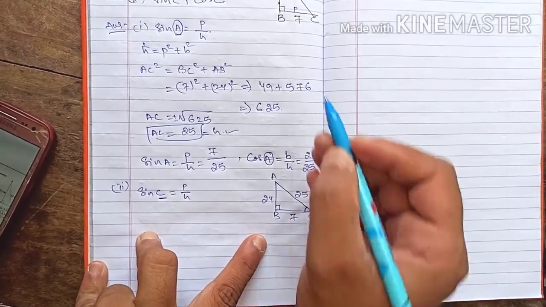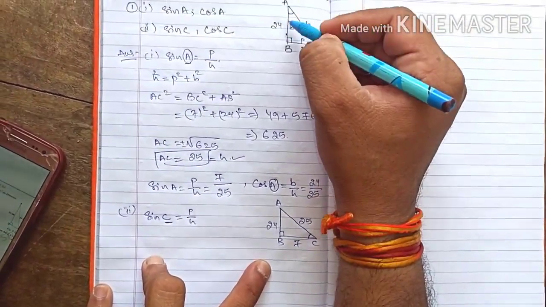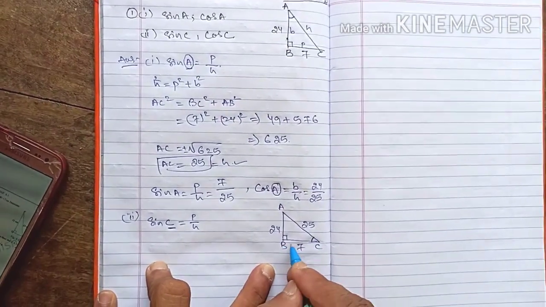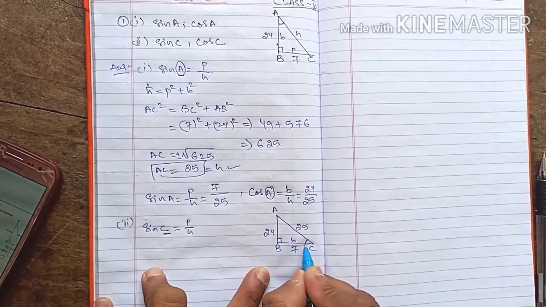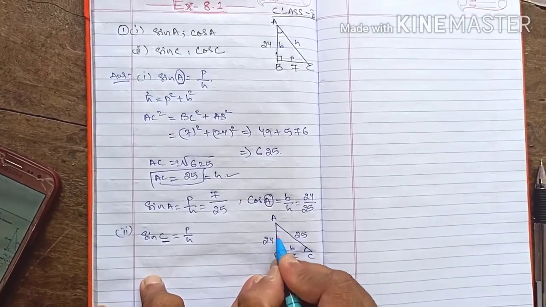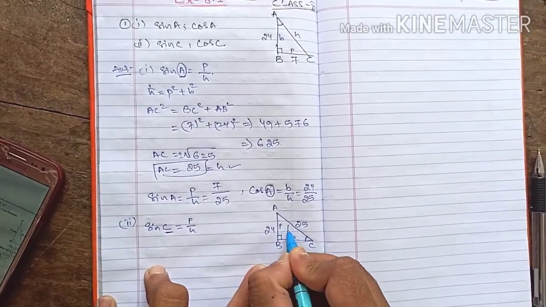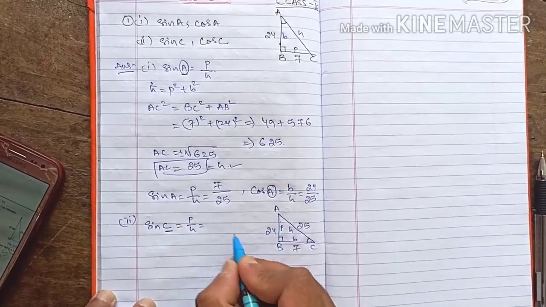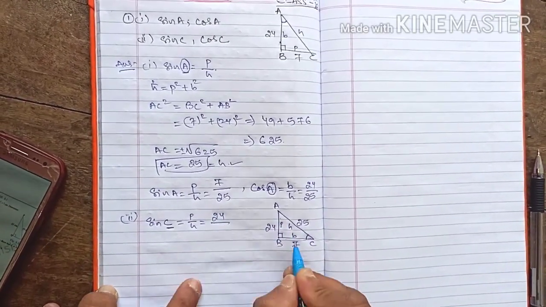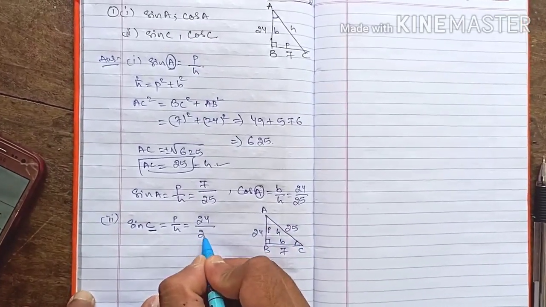Now you might have understood this was the base in the previous question. Now for the second bit, this will be the base, because the line containing the two angles will be the base. And this is the perpendicular, and the side opposite to 90 degrees is the hypotenuse. So P is how much? P is 24. H is 25.